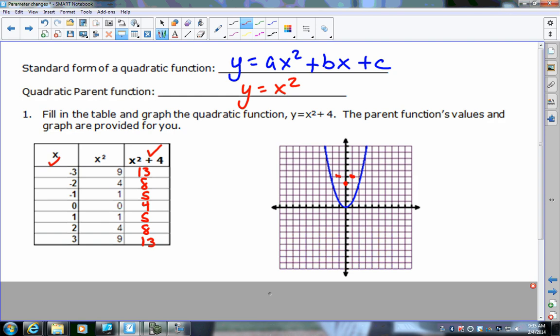Remember, it's got to be symmetrical over the axis of symmetry. I have 4, 8. Oh, no, sorry, not 4, 8. I almost messed up. 2, 8. Over 2 and up 4, 5, 6, 7, 8. It's the same on the other side here, and I can draw my parabola to connect my points.